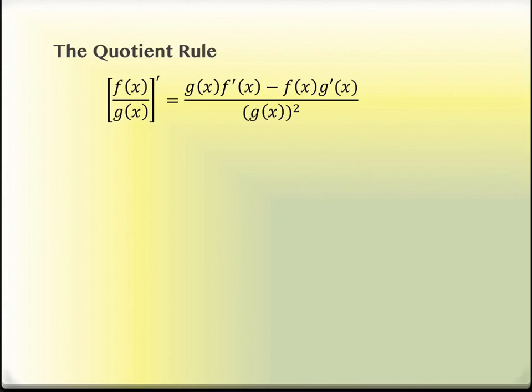And it kind of does, right? The only difference is there's a subtraction sign in between. And the other thing that you might notice is that it's flipped from the way I wrote my product rule. So I don't start with the top part. I start with the bottom part.